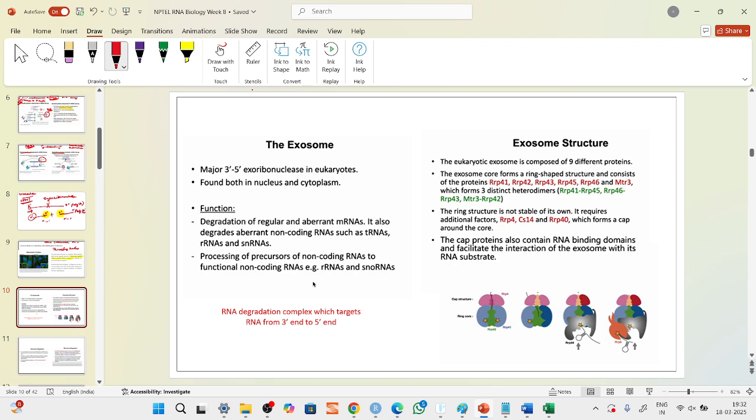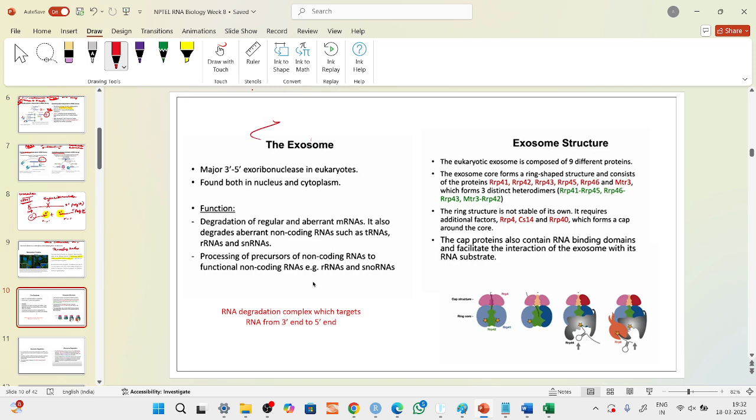They are present both in the nucleus as well as in the cytoplasm. What is the function of this exosome? The exosome helps in the degradation of mRNAs. It also degrades aberrant non-coding RNA, meaning those RNAs which are non-functional. So those are degraded by the exosomes.